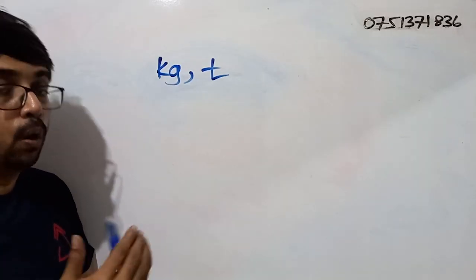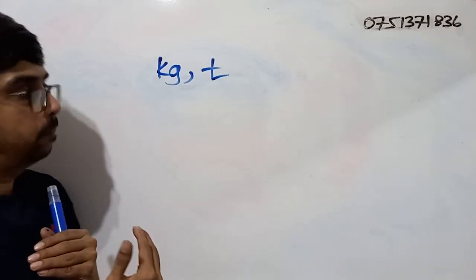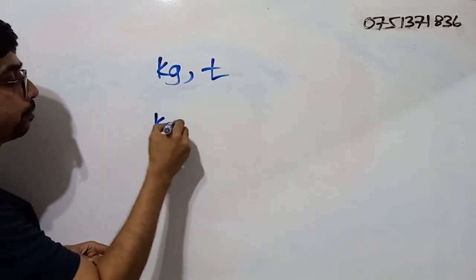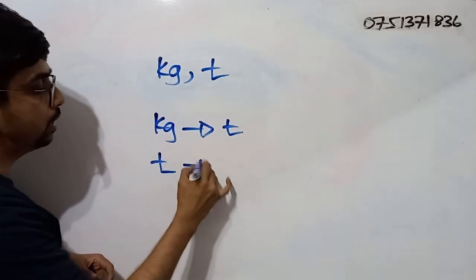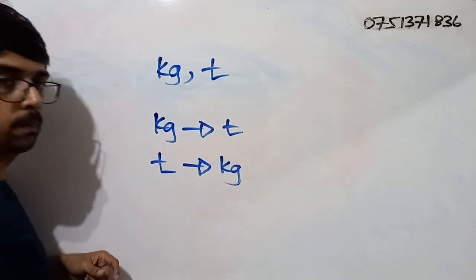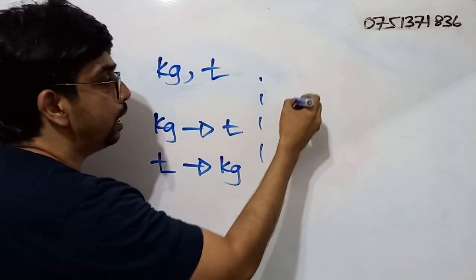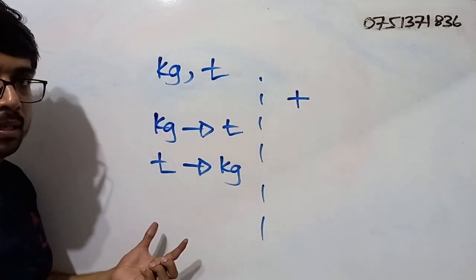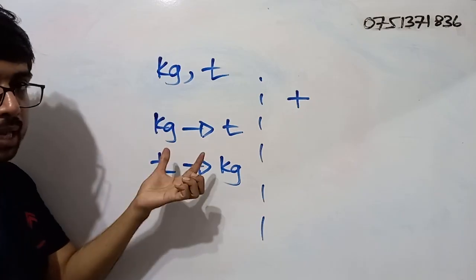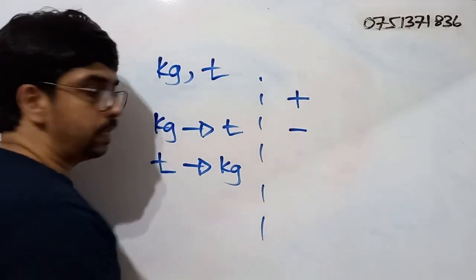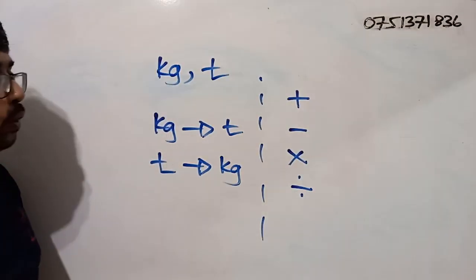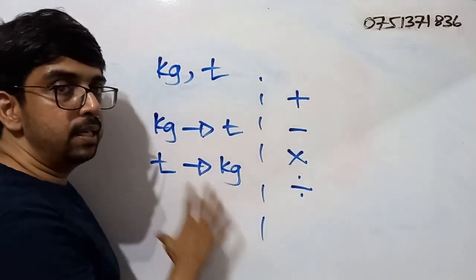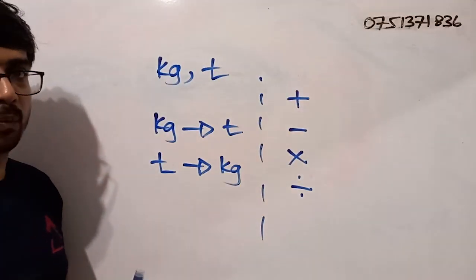How do we convert kilograms into tons, and how do we convert tons into kilograms? Not only that, how do we add masses given in kilograms and tons, how do we subtract them, how do we multiply them, how do we divide them? These are the basic things that we will cover in this video.